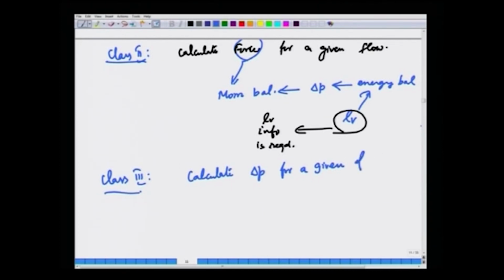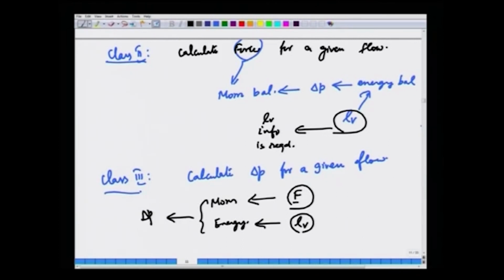You have two options, you could either use the momentum balance or the energy balance. In order to get delta P from the momentum balance you need to know the forces, and in order to calculate delta P from the energy balance you need to know the losses. So, depending on whichever information is available, you may be able to calculate delta P from either approach.